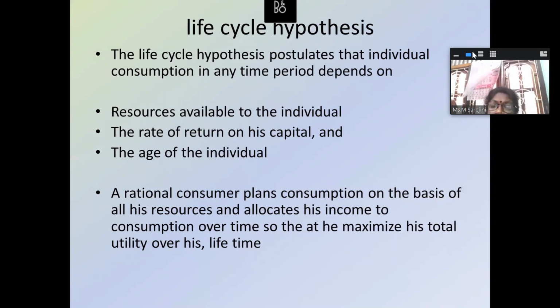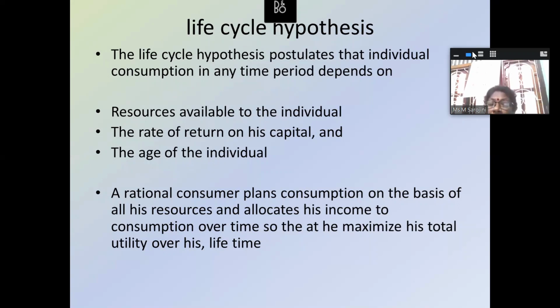That means once he allocates for his consumption purposes, currently say 10,000, after retirement and until his death, his consumption amount is 10,000.